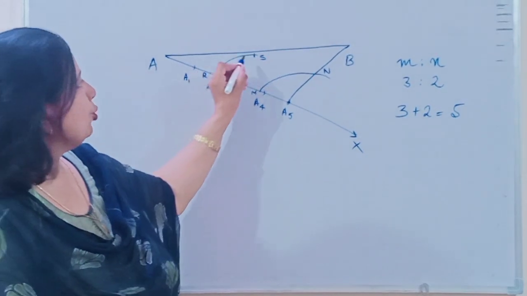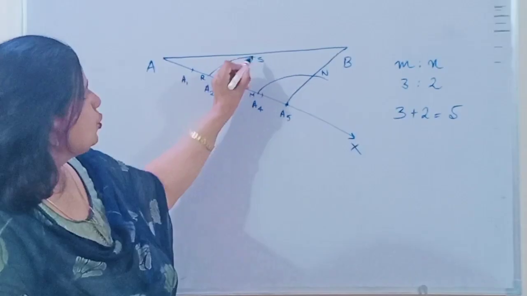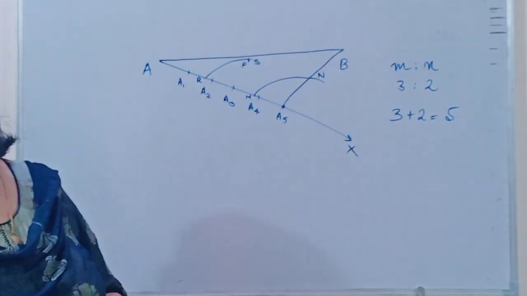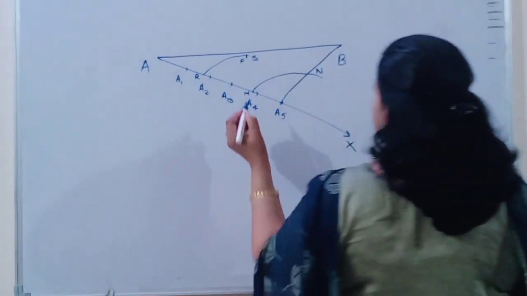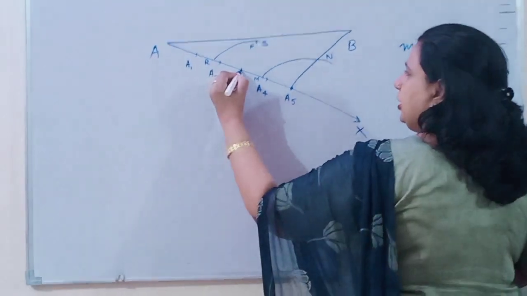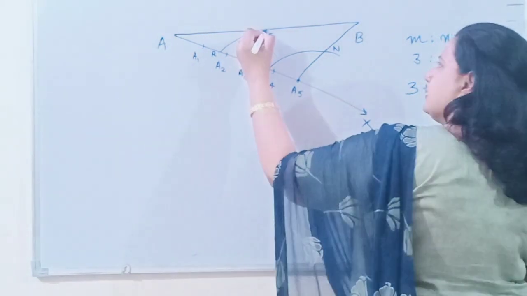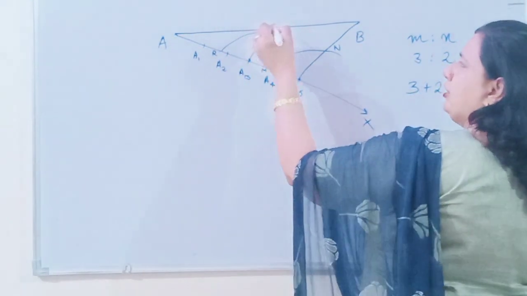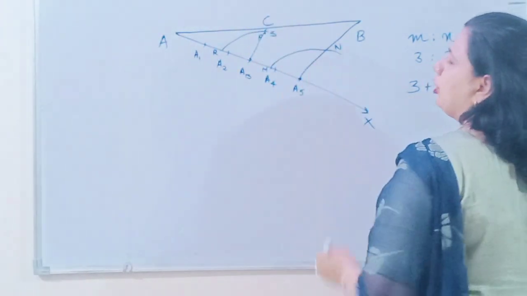So you get a point P here where these two arcs intersect. Now through A3, join a line to P, join A3 to P and extend it. The point where it intersects AB will be your required point C.